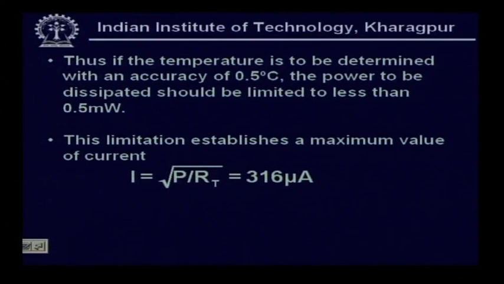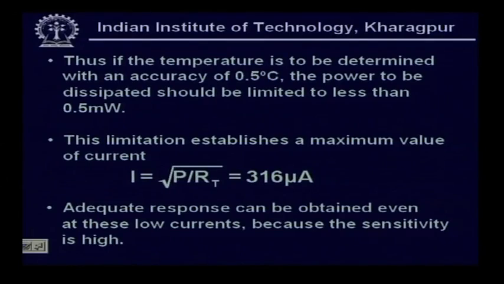This will actually lead you to choose your bridge excitation, the value of the potentiometer excitation or the value of the Wheatstone bridge excitation, because you can calculate how much the maximum current will be allowed. But please remember, if you do that, obviously you will lose the overall sensitivity of the system, because your output voltage also will be reduced. We are not measuring the resistance there, we are measuring the output voltage.